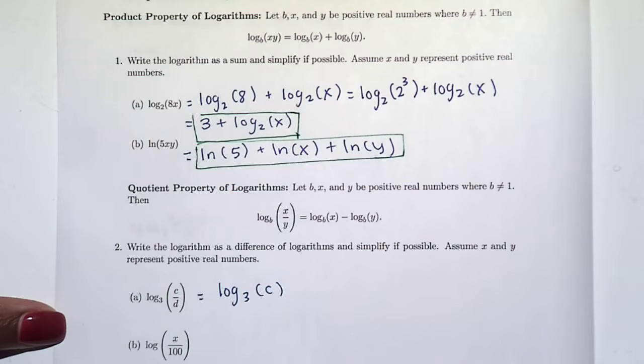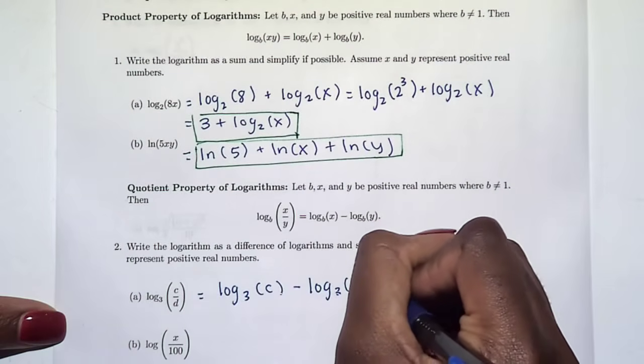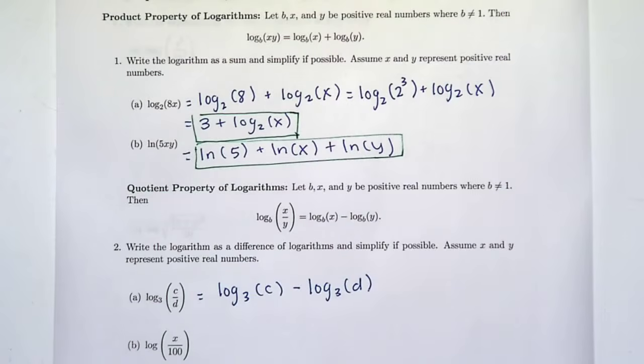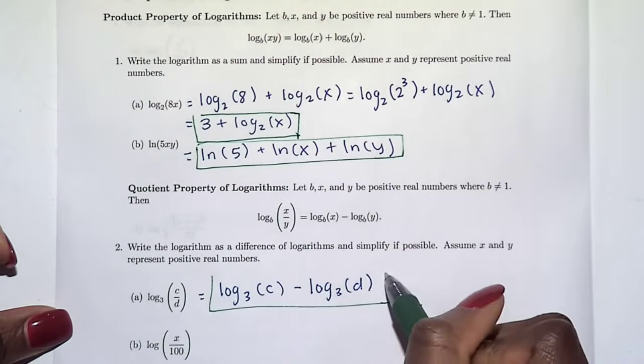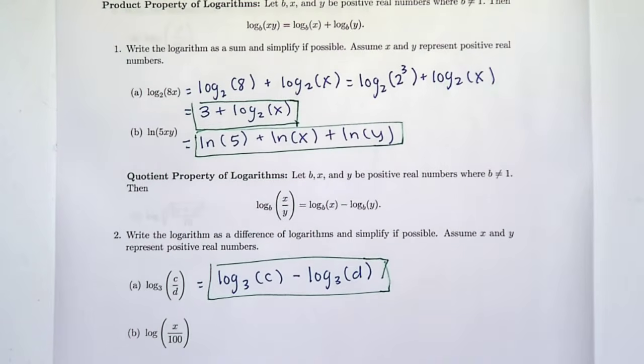So log base 3 of c minus log base 3 of d.